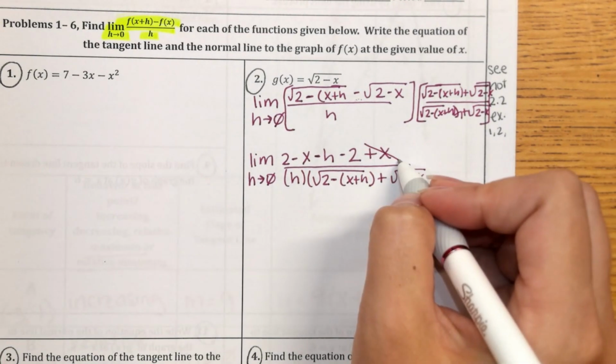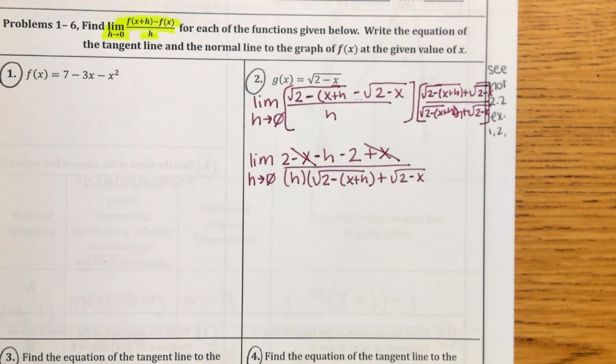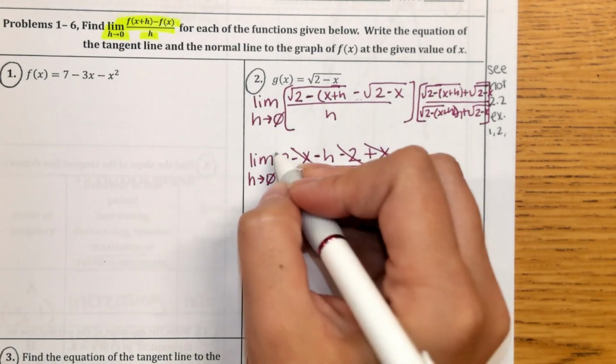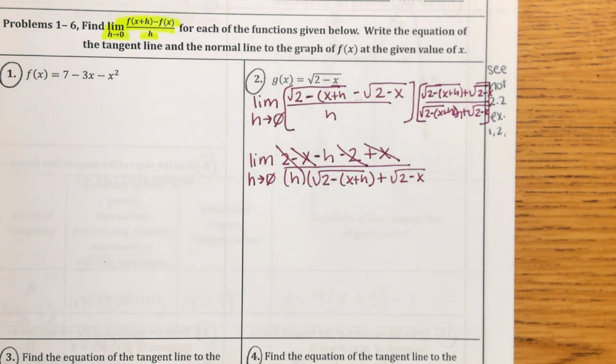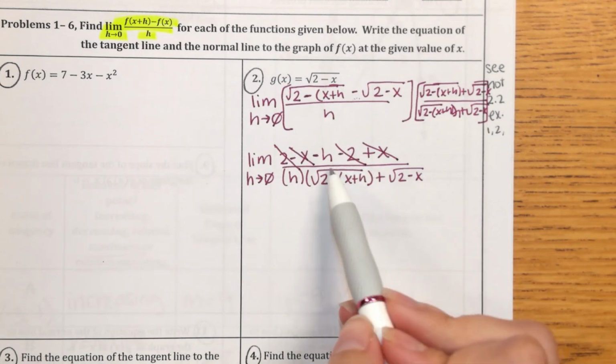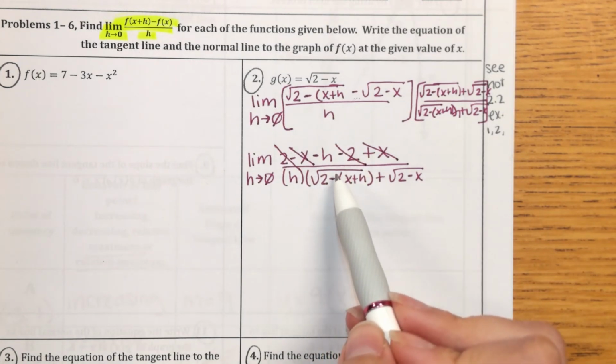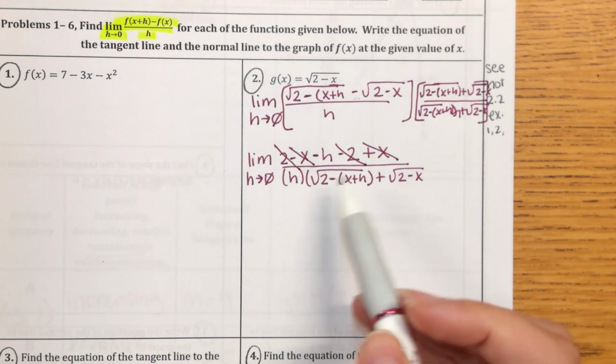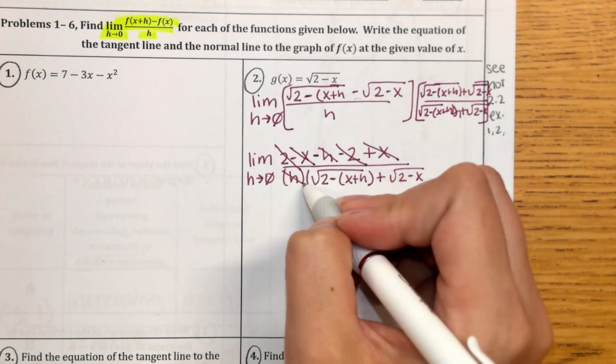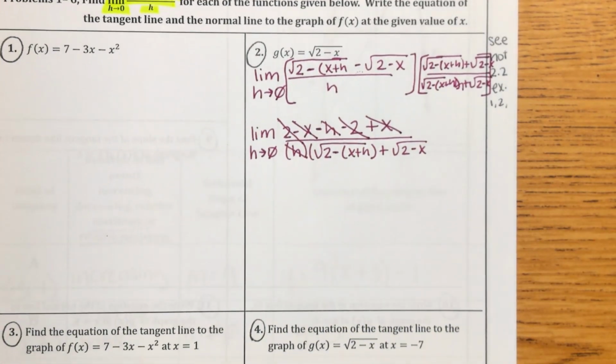I have a positive x and a negative x. Those are going to cancel each other out. I have a negative 2 and a positive 2, and those are going to cancel out. I'm left with a negative h, and these h's can cancel out, and this is going to become negative 1 over 1.